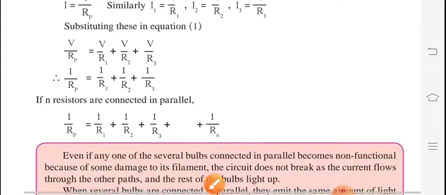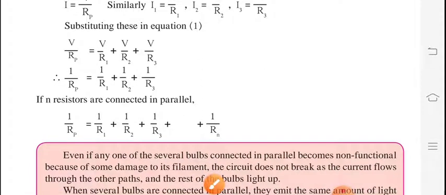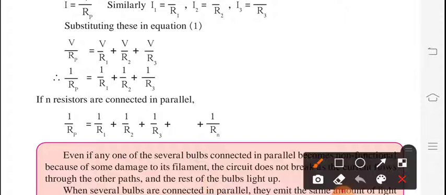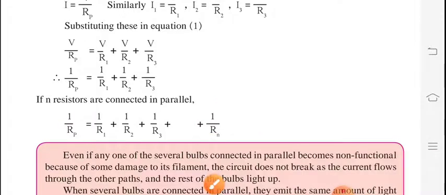Now if n resistors are connected in parallel, then we can say 1 upon Rp equals 1 upon R1 plus 1 upon R2 plus 1 upon R3 plus up to 1 upon Rn. We can say R100, R1000 and all, it will go up to Rn. So this is the condition for resistors in parallel.